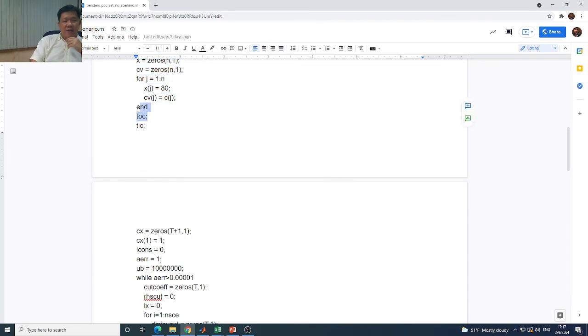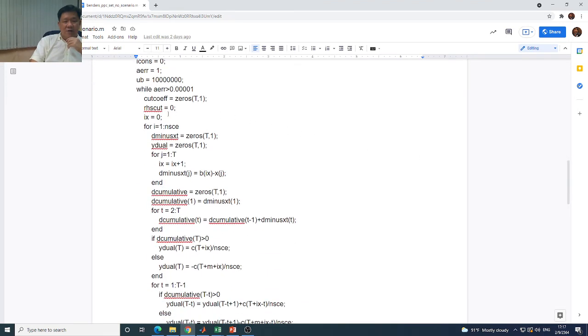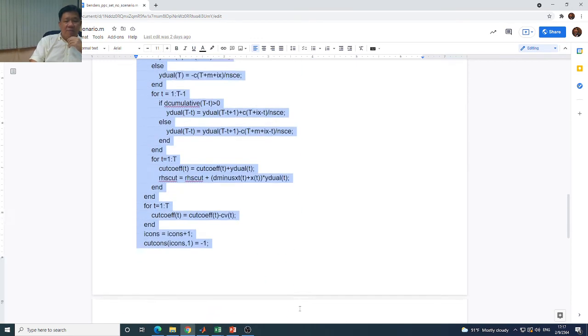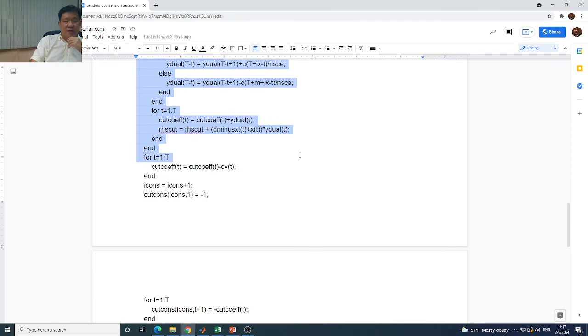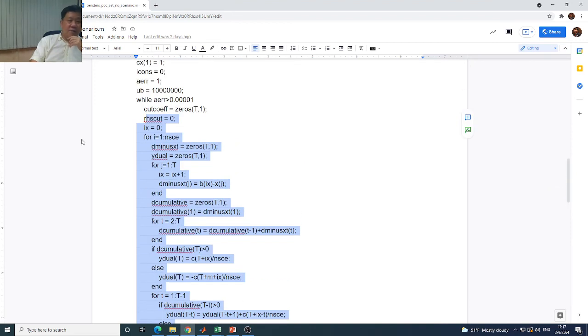Now all the rest of the part is the same here, but we need to adjust a little bit. The right hand side, whatever D minus, is different from the previous program that we discussed. For generating the right hand side cut here, I encourage you to look at the previous program, which I already explained in detail.